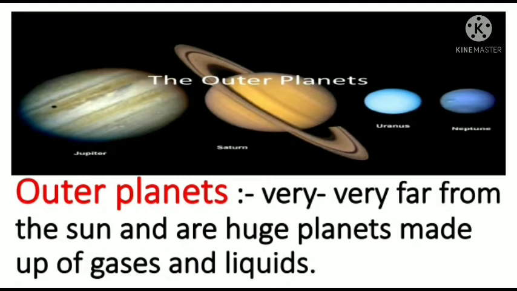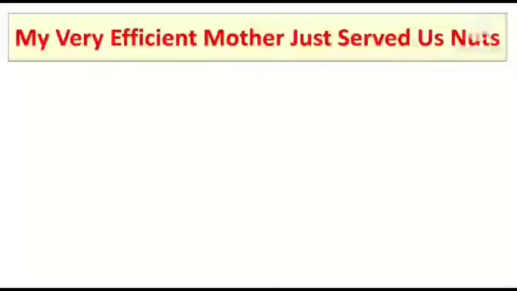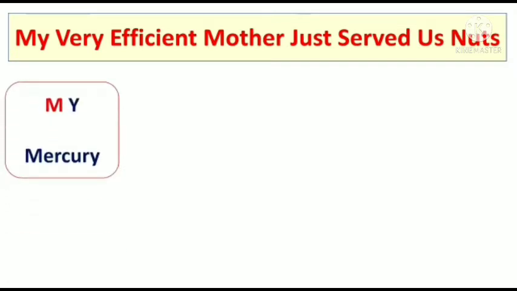For this, students, I will give you one statement line, and my very efficient mother just served us nuts. You will revise this statement, and it will help you to understand and recognize the position of the solar family. If you remember this sentence, My Very Efficient Mother Just Served Us Nuts, then you will easily learn about the inner planets and outer planets.